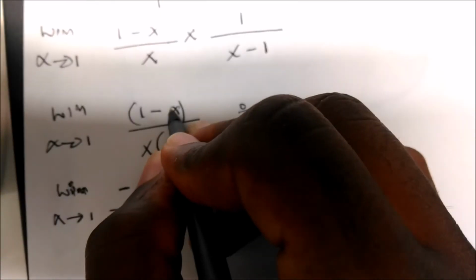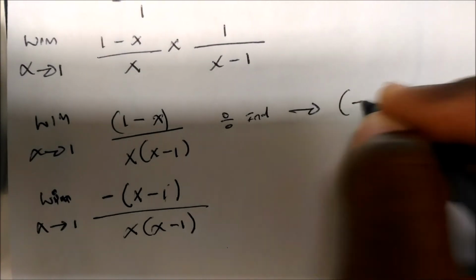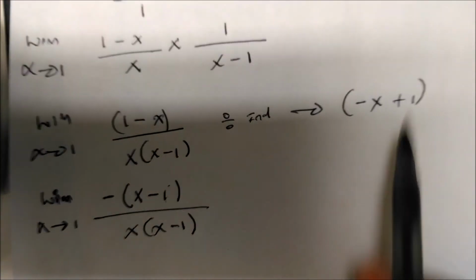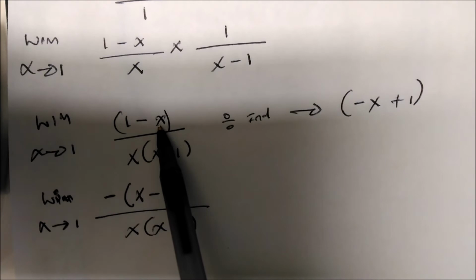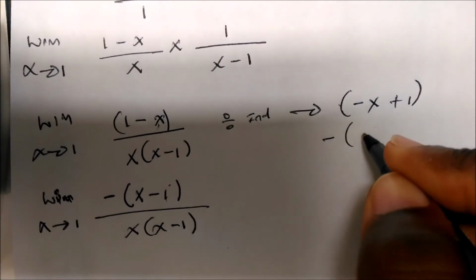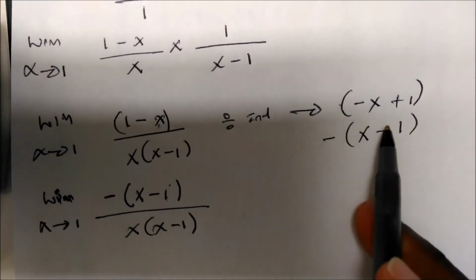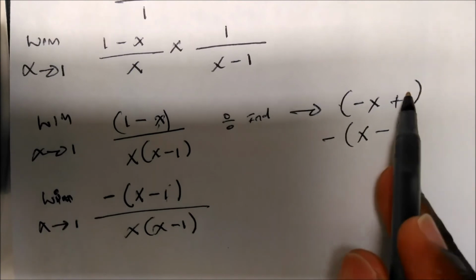But remember, I could also rewrite this as negative x plus 1. This is the same thing as this. You agree? So taking out a negative 1, what's left would just be x minus 1. Negative x plus 1 is the same thing here.